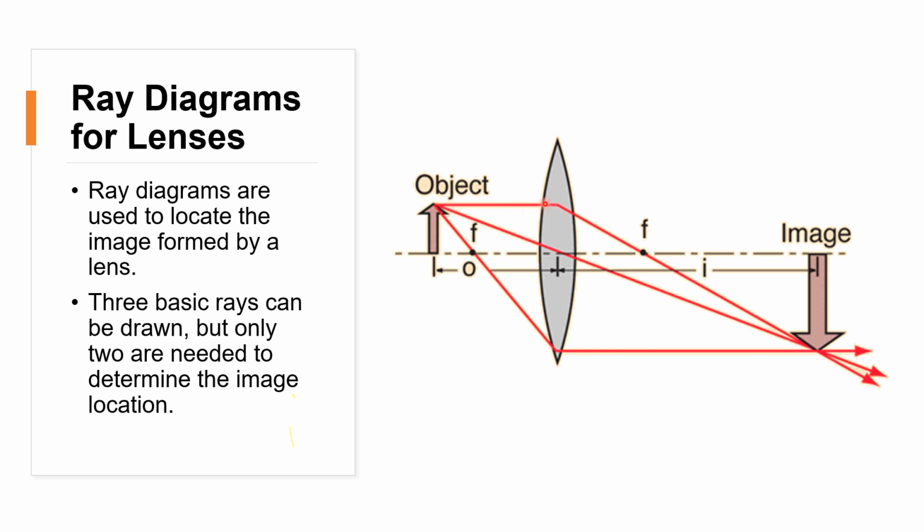The first light ray is this one. It refracted, proceeded to the focus, and then proceeded that way. Another ray is drawn from the tip, passes through the optical center, and then another ray coming from the tip passes through the focus and then refracts parallel to our principal axis.